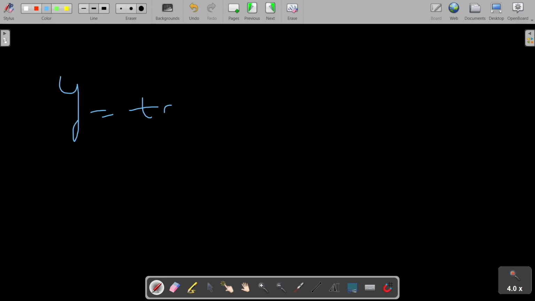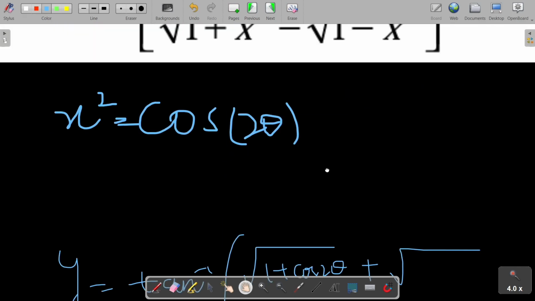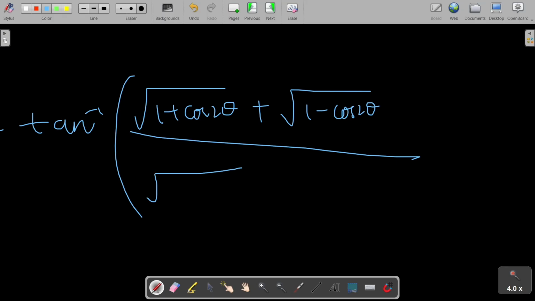y is equal to tan inverse of root of, x squared becomes cos 2 theta, plus on the top, and this is 1 minus cos 2 theta, over root of 1 plus cos 2 theta minus root of 1 minus cos 2 theta.